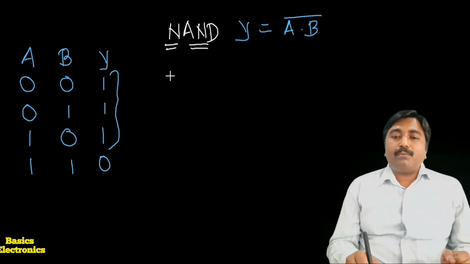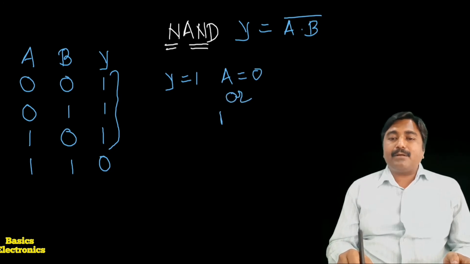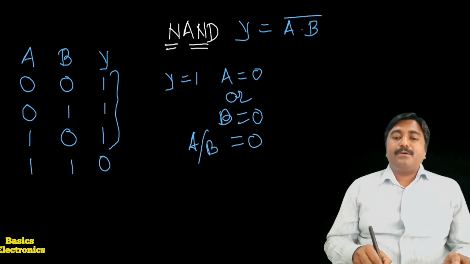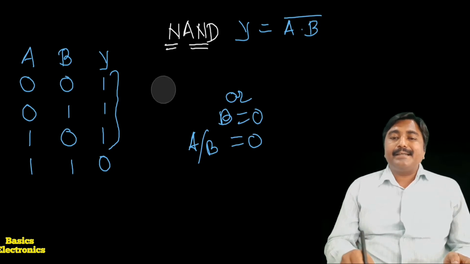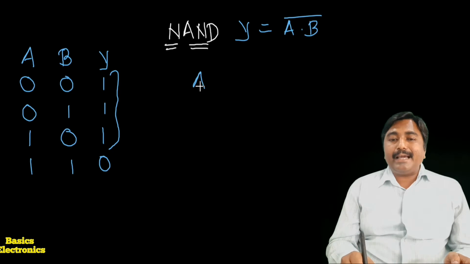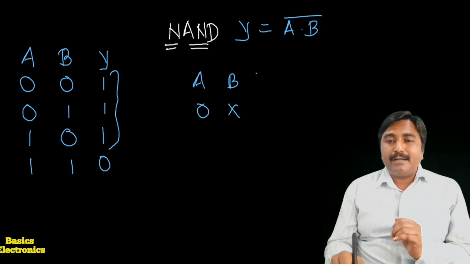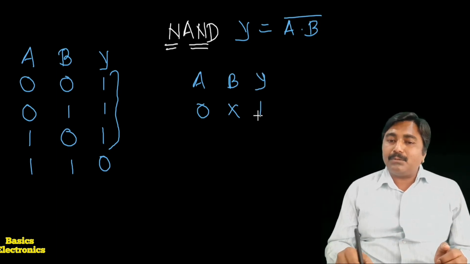The output Y is 1 when A is 0, or B is 0, or both A and B are 0. With the don't care condition, if A is 0, whatever the value of B, output Y is 1.